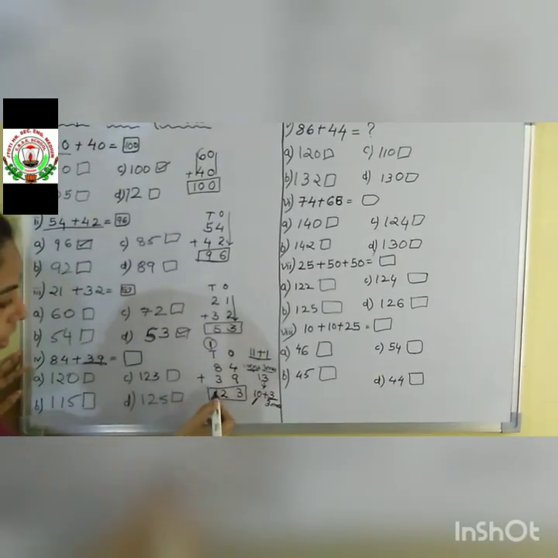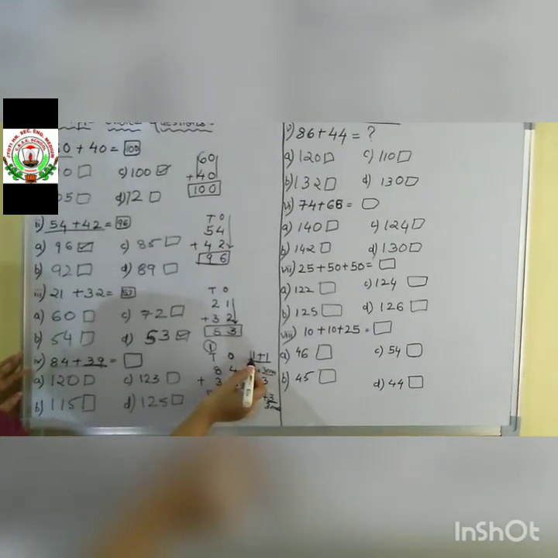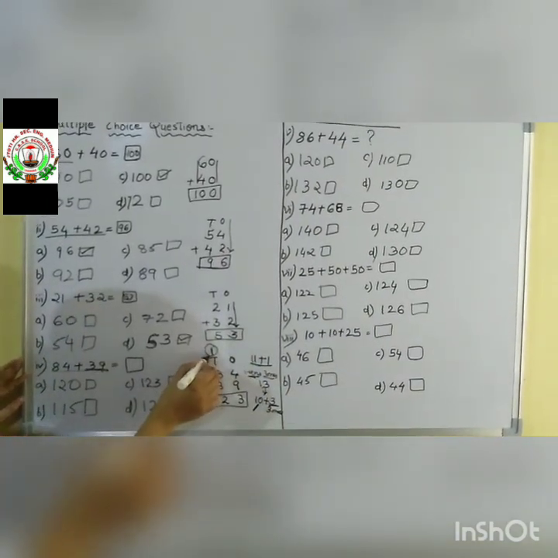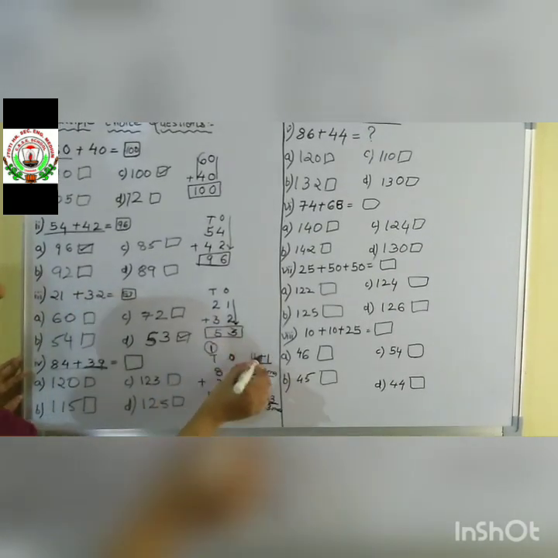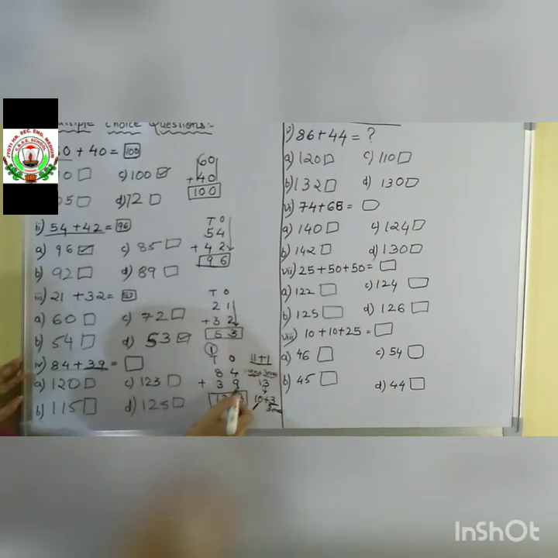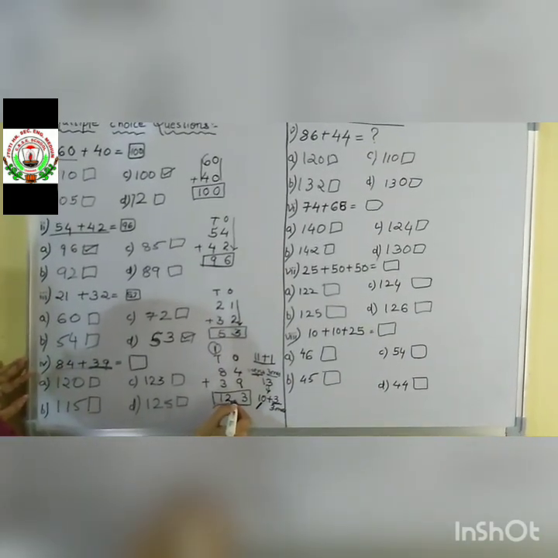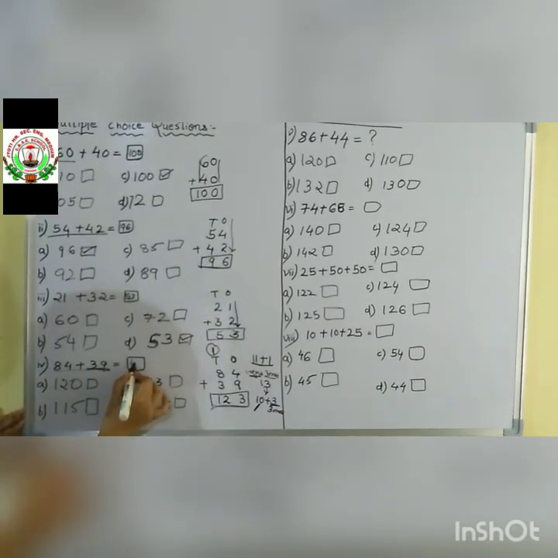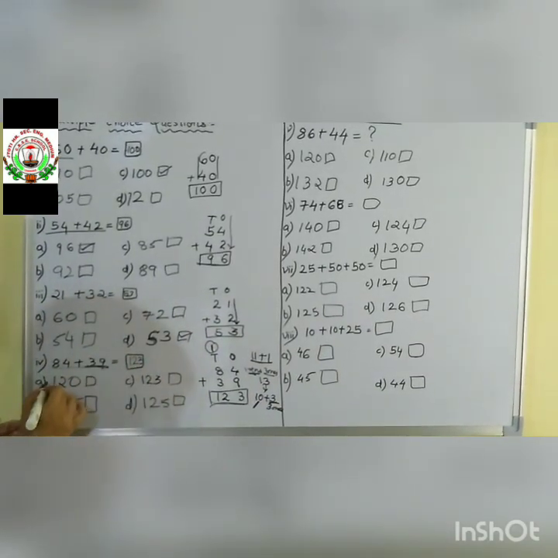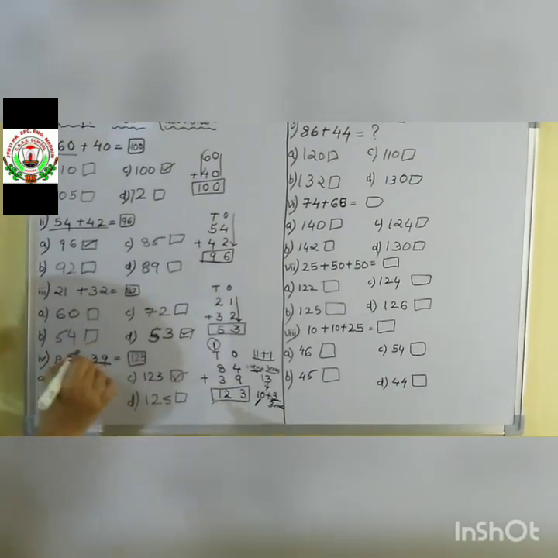Then in the tens place, do the addition of the number 8 and 3. We get answer as 11. Then this one as carryover is there. It will be adding to the addition of this 11 plus 1. We get the answer 12. So overall the answer is 123. So where is the option 123? Option C. So we'll put tick mark like this.